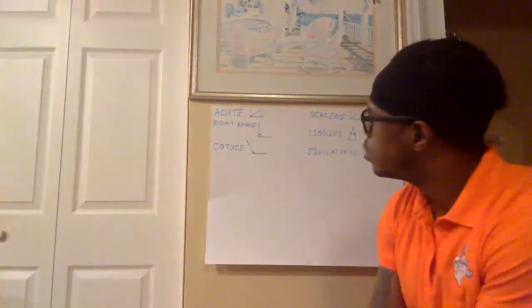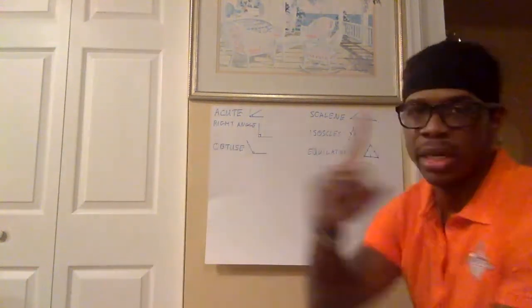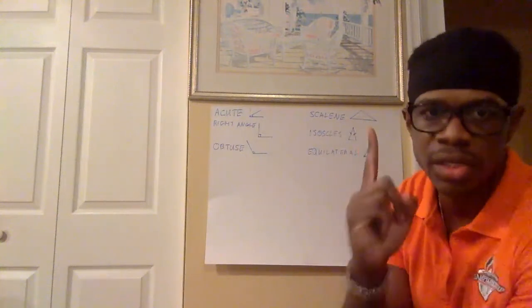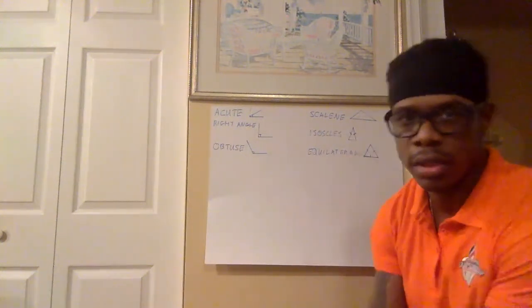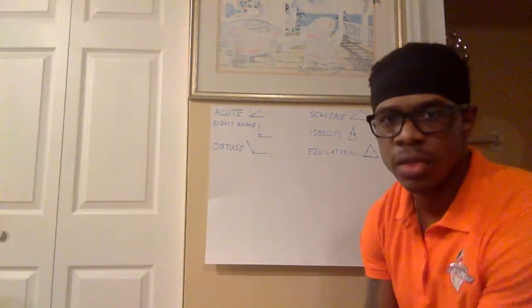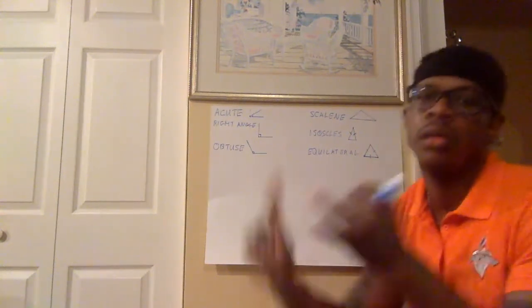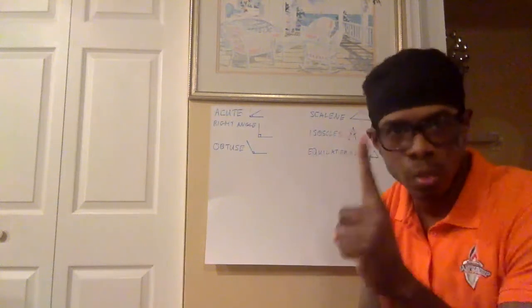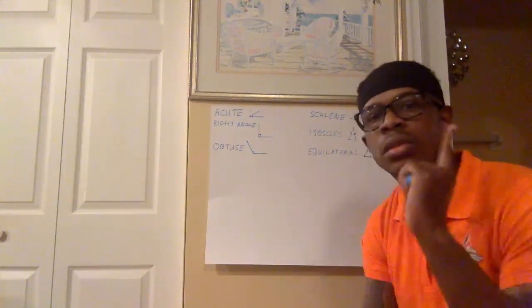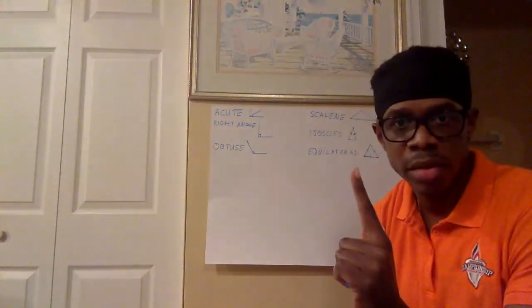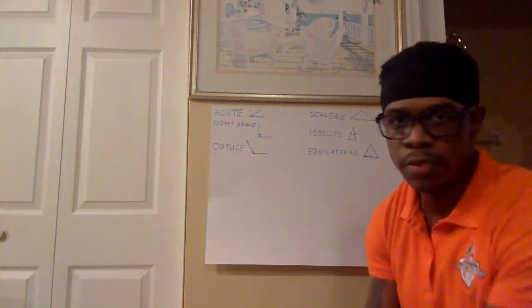Or we can define the triangle by obtuse, where it has one angle that's greater than 90 degrees, which is an obtuse angle triangle. Acute, all angles are less than 90. Right angle, it has one 90-degree angle. Obtuse, it has one angle that's greater than 90 degrees.